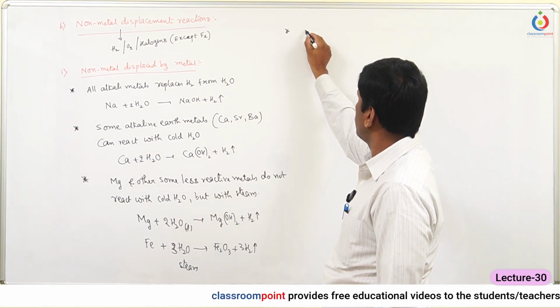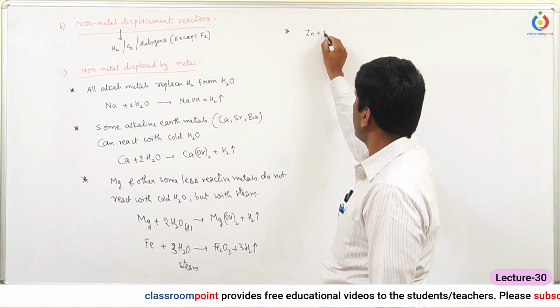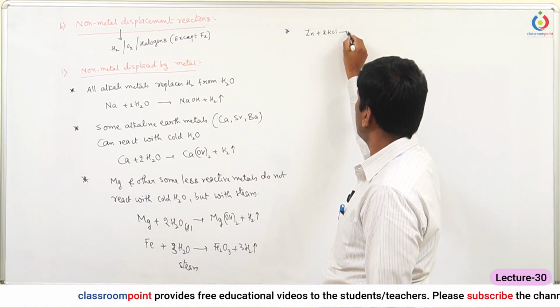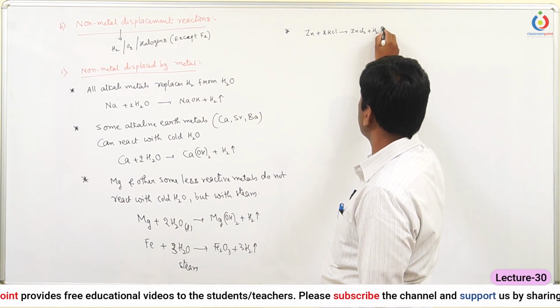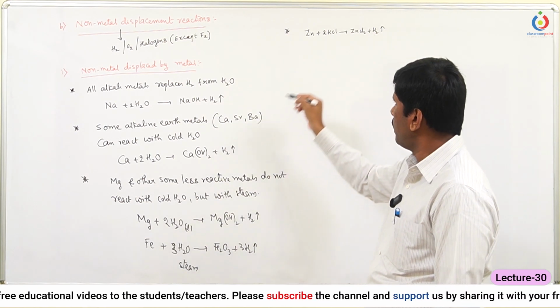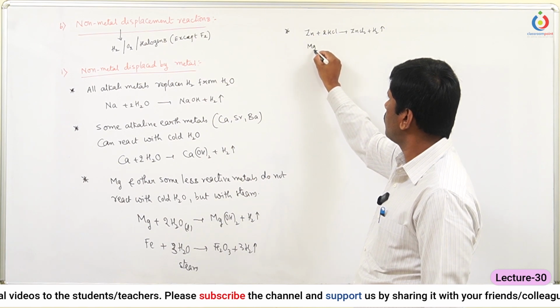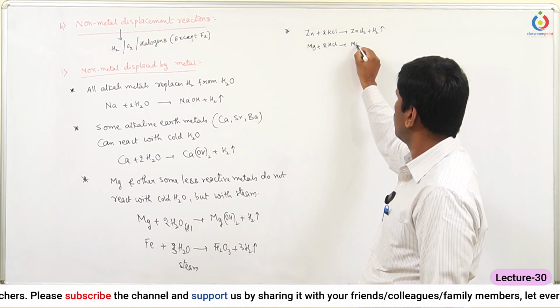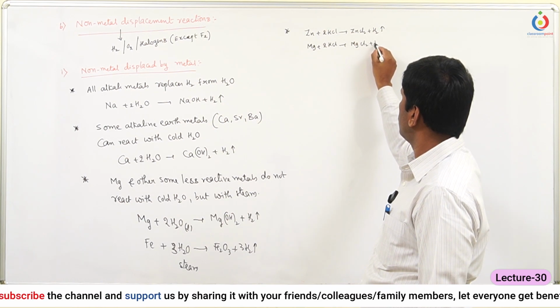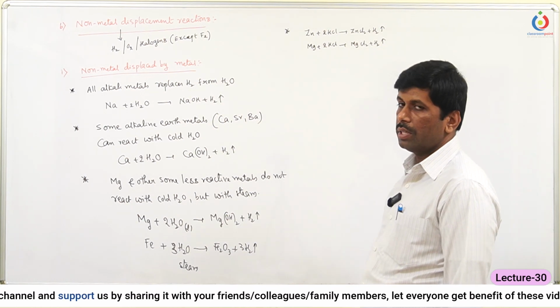So let us take here, zinc reacts with HCl to form ZnCl2 and liberate the hydrogen gas. Similarly, magnesium also you can take. Magnesium reacts with the HCl to form magnesium chloride and liberate the hydrogen gas.